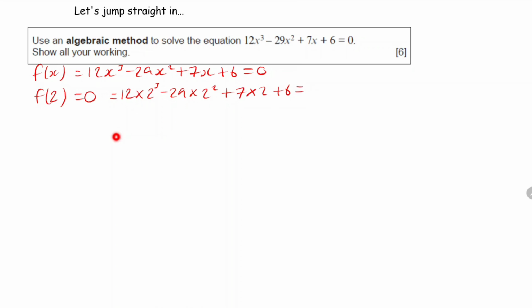And then we can work this out. 12 times 2 cubed, so that's 12 times 8, which is 96, minus 29 times 2 squared, which is 4, which will give us 116, plus 14, plus 6. And then we see that if we do this sum, we end up with an answer of 0. So what that means is x minus 2 is a factor.